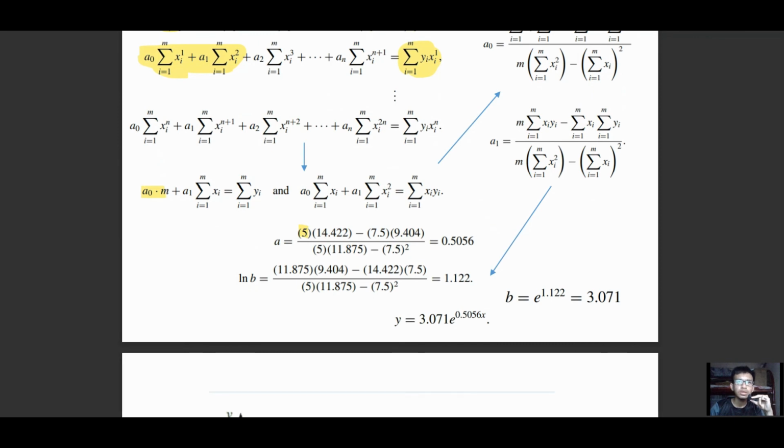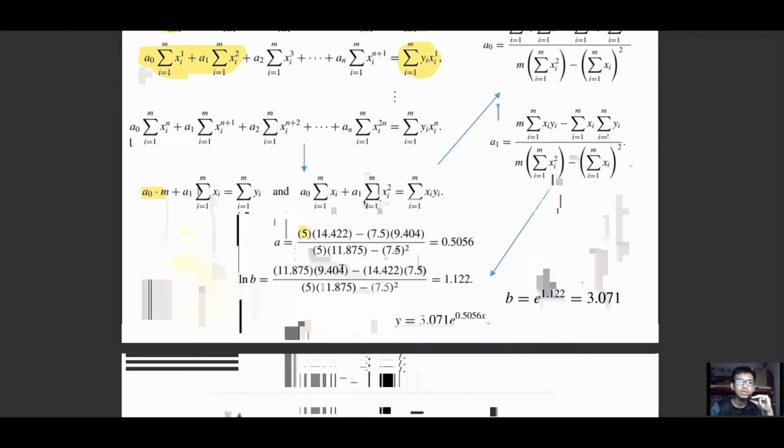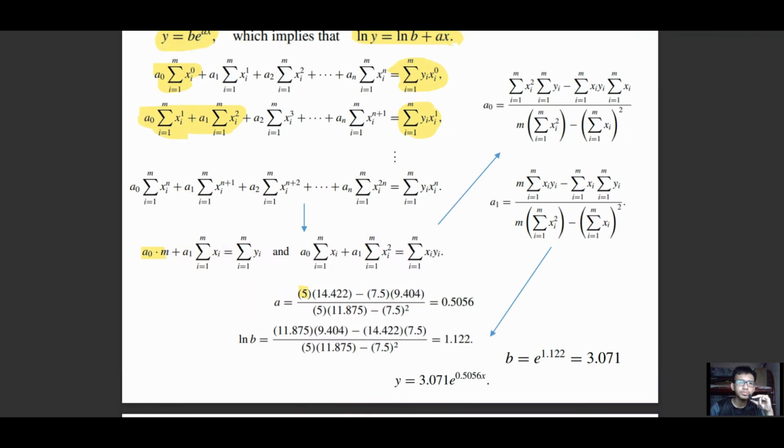Just we take the polynomial, and the only difference is this b here. Instead of using b we take a equal to a0, and in this case a1 is equal to ln b.